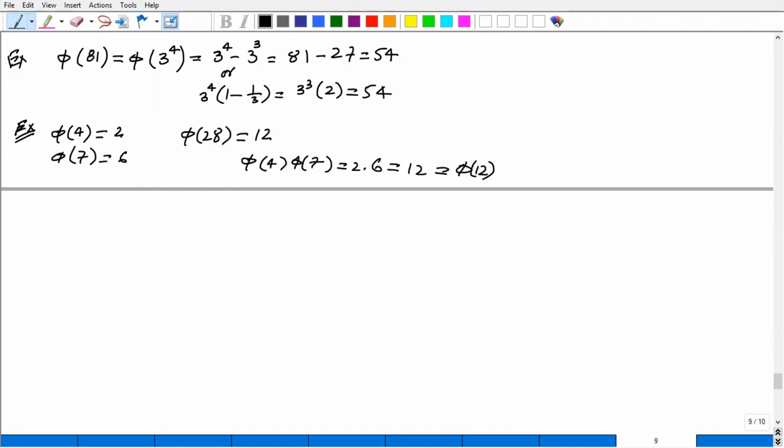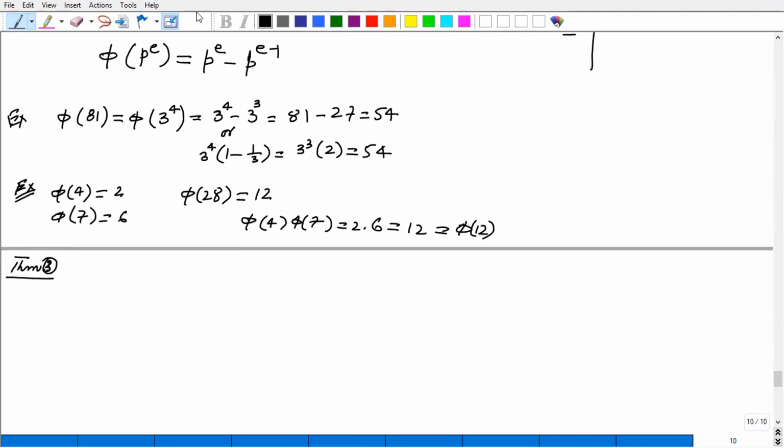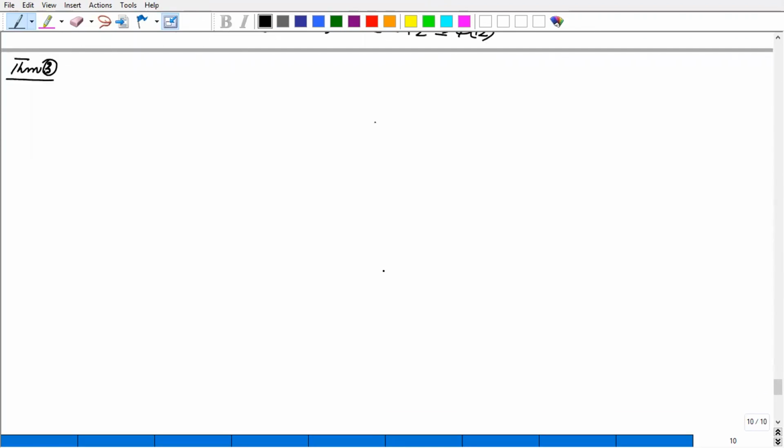So, in general, we have a theorem. Theorem 3: the function phi is multiplicative.